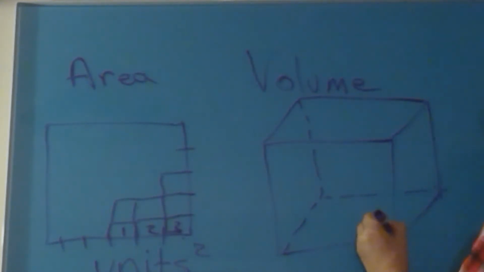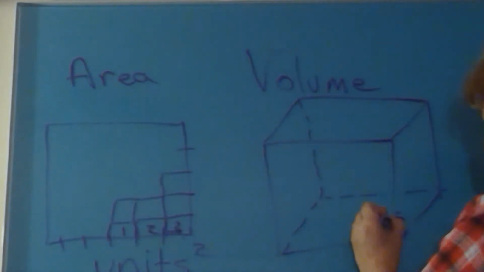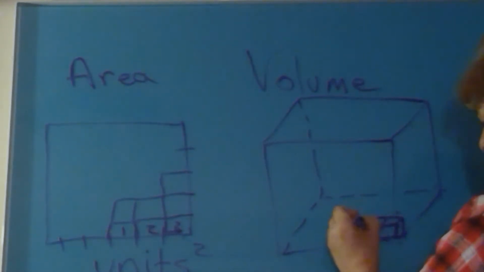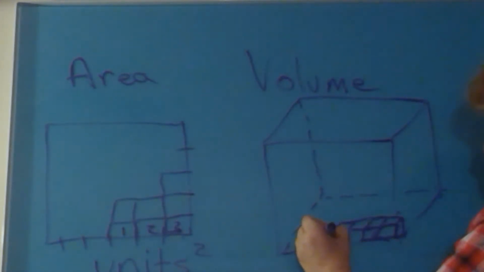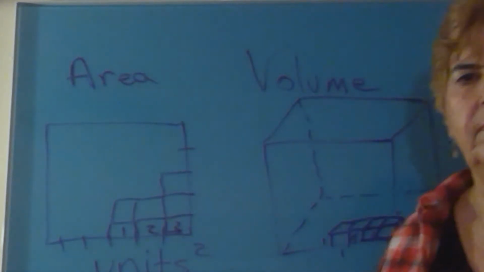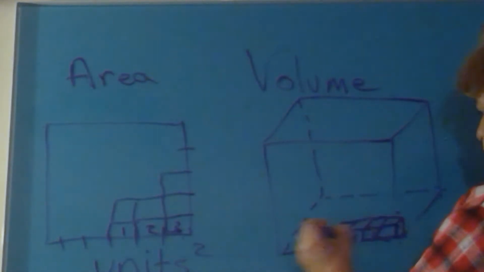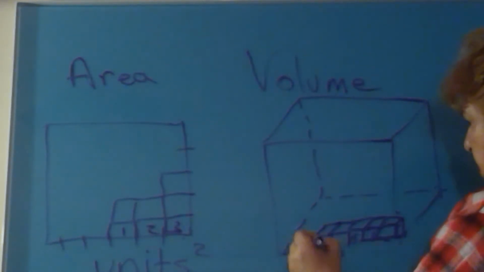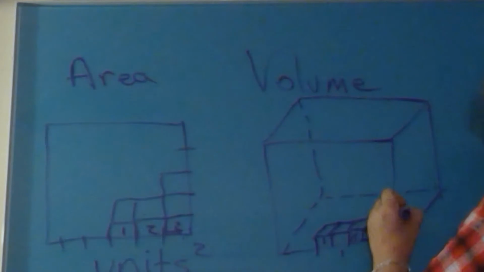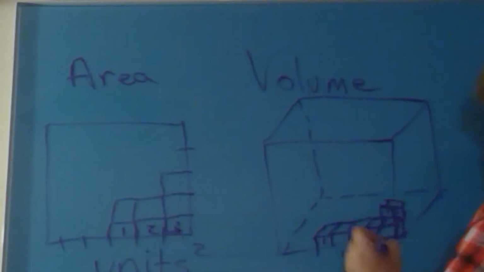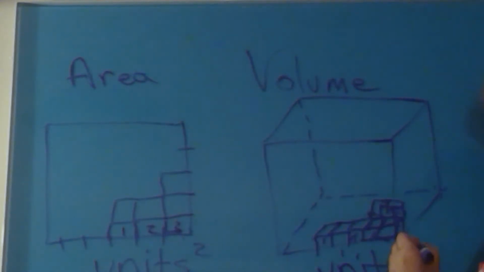So you're going to start a box there, and then next to that you're going to put another little box and another little box, each of these boxes being one unit in each direction. So these are little cubes, and once you get the bottom filled up, then you're going to put another layer of cubes here. So this is always in units cubed.